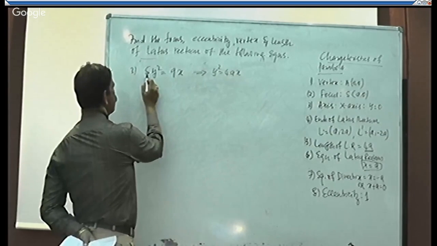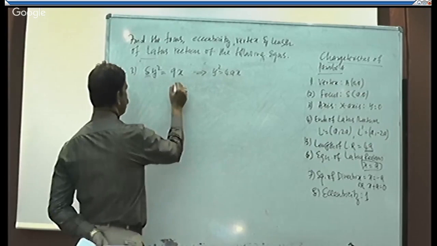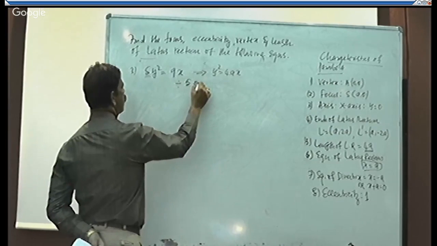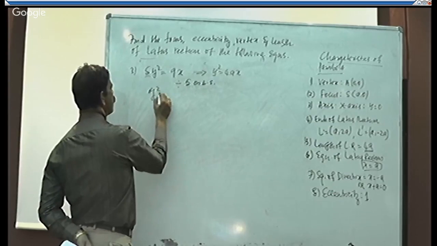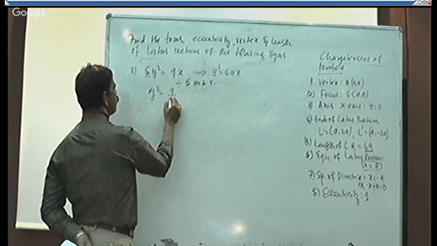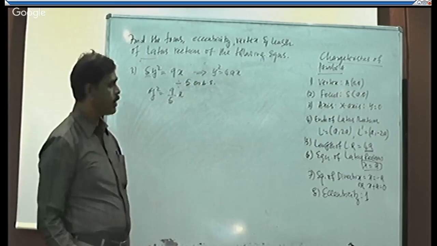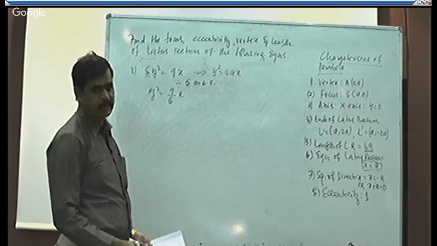Here it is having a coefficient. You have to remove that coefficient, right? So we have to divide by 5 on both sides. It becomes y square is equal to 9 by 5 x.